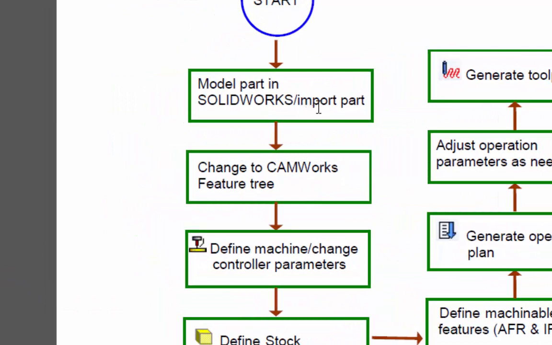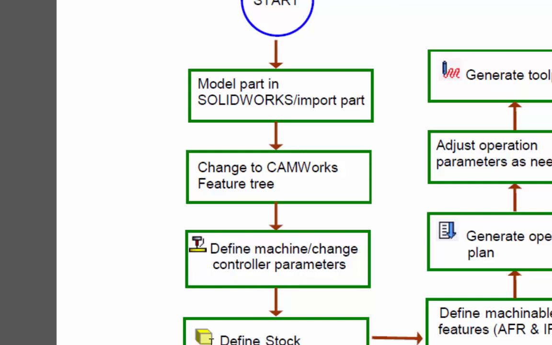We already have that done. The next thing we have this Camworks feature tree, and we have to define the machine and change controller parameters. You could easily see how unless you know what machine you're using to create a part, it's somewhat difficult to generate operations for a machine you don't know and are not familiar with.